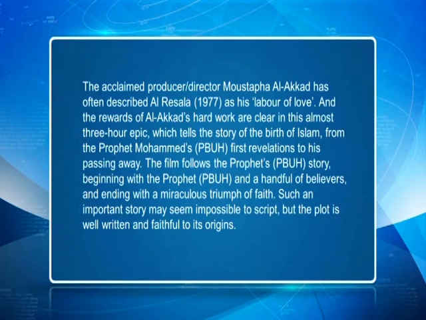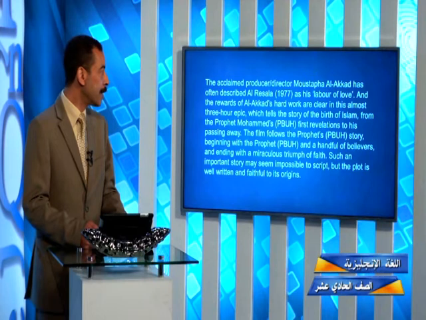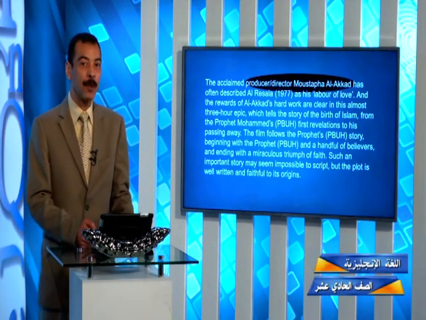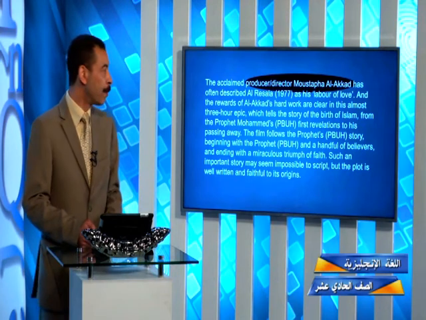Now from this paragraph, we can have much information about the story or the film. So first, we know who the producer is. Who is the producer? Yes, Mustafa Al-Akkad. So Mustafa Al-Akkad is the producer of the film.